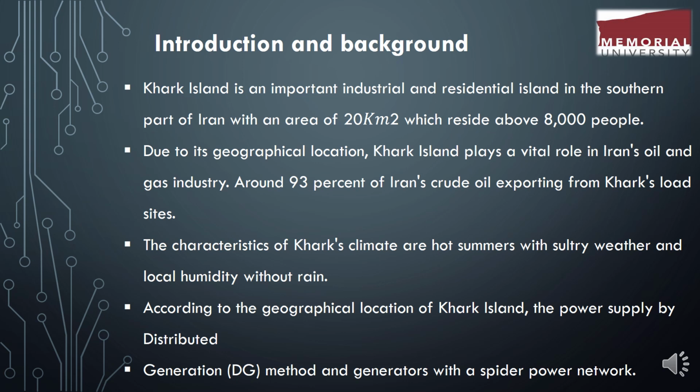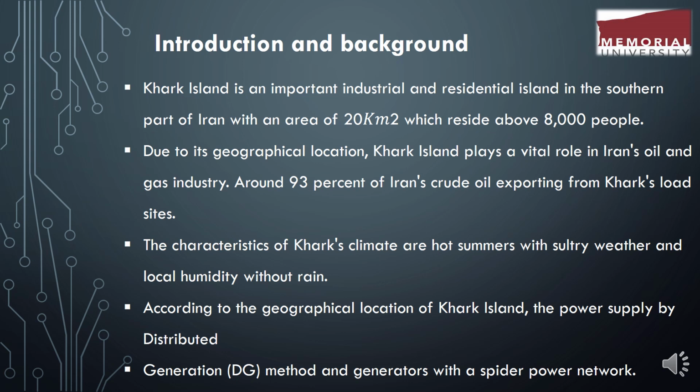Due to its geographical location, it has potential to produce electricity from different resources such as oil, wind, solar, and tidal. According to the geographical location of Hark Island, in general, the government uses the distributed generation method to supply electricity to Hark Island.